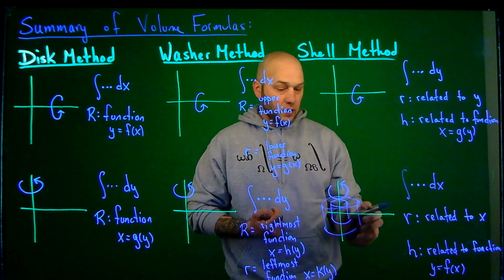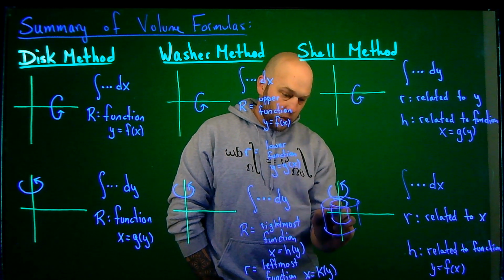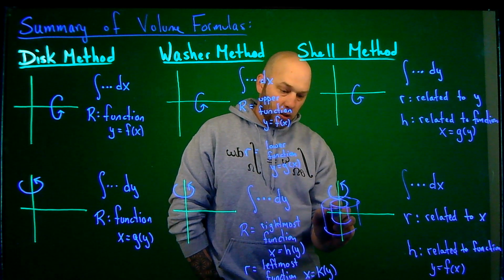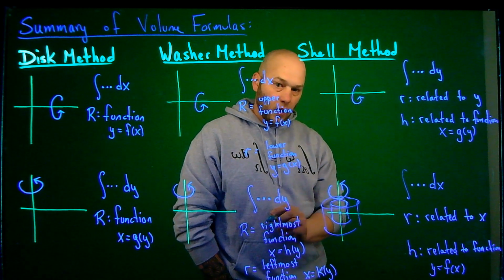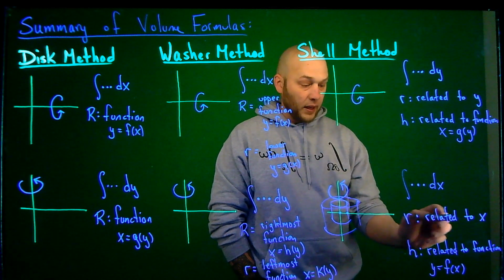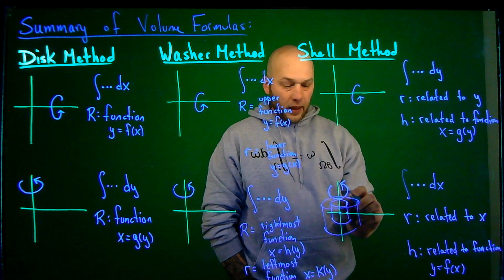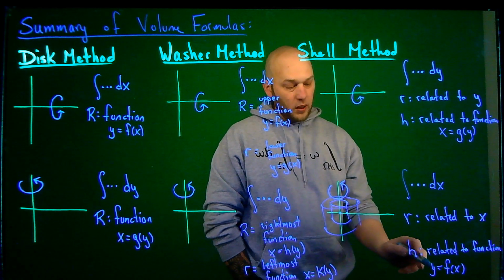And the radius of the shell here is going to be from the axis of rotation to the outermost portion of the shell. Therefore, my radius is going to be related to the independent variable x. And the height is going to be related to the function, which in this case would be y equal to f of x.